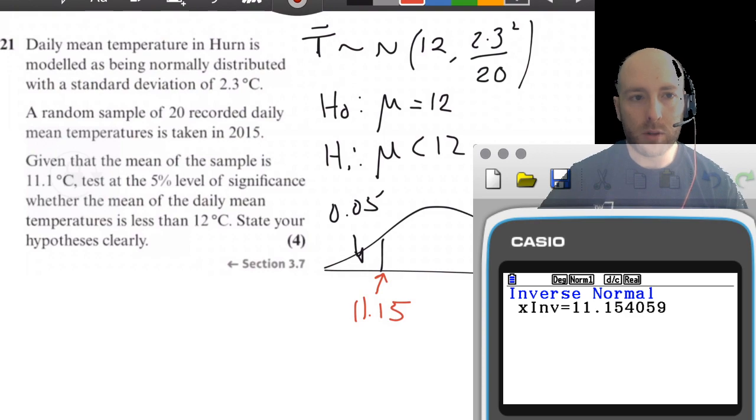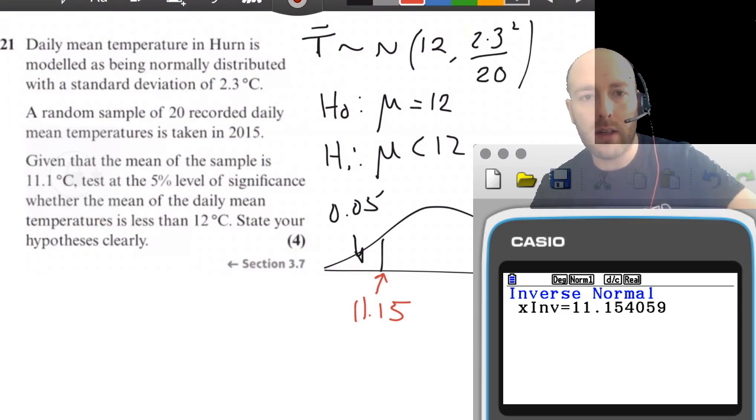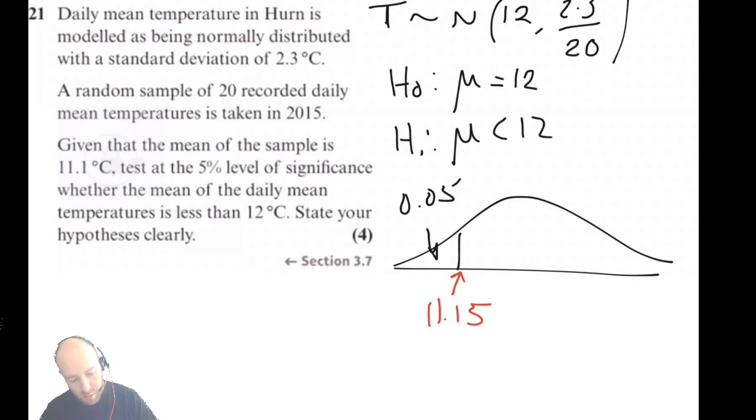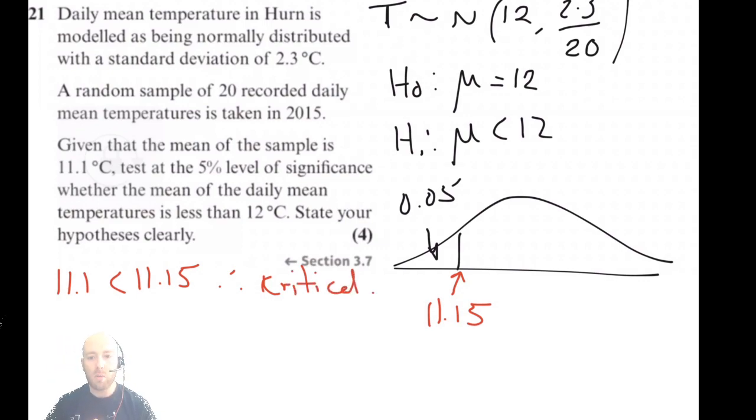Which is here. Okay, so what do we get? 11.1. Ooh, okay. So 11.1 is looking pretty critical. Yeah, so 11.1 is less than 11.15, therefore critical. So because it's critical, we're going to reject H0 and accept H1.